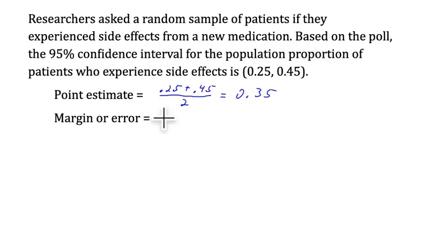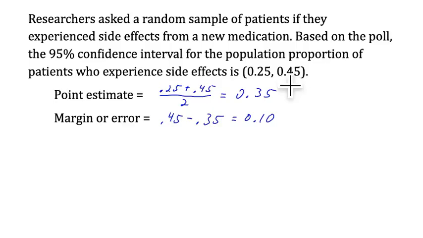So in this case, let's go ahead and take the 0.45 and subtract the point estimate in the middle of the interval, the 0.35, to get 0.10. So that's the distance halfway across the interval, or in other words, the margin of error.